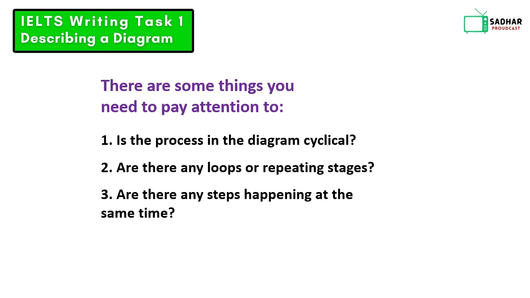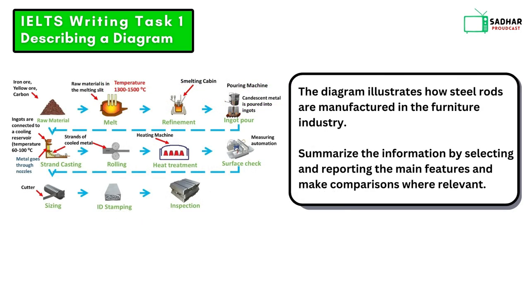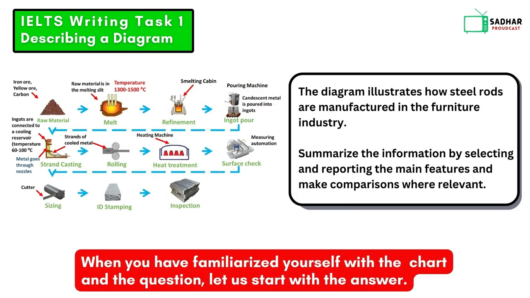Not all, but only one stage or two. So we need to pay attention to that. Number 3, are there any steps happening at the same time? So we need to pay attention to that one too. All right. When you have familiarized yourself with the chart and the question, let us start with the answer.